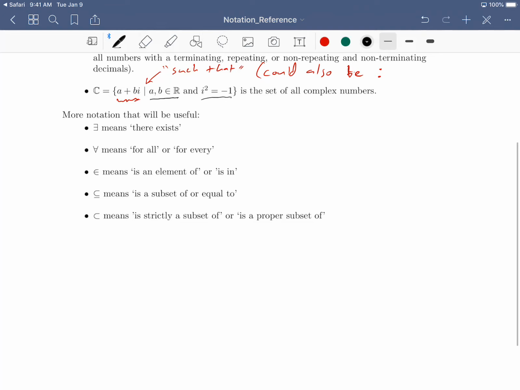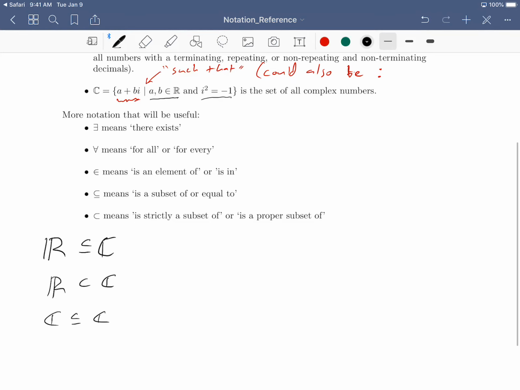So for example, I can write R is a subset of C. And because we know that there are numbers in the complex numbers that are not real, I could also write R is strictly a subset of C. The only difference is I cannot write C is strictly a subset of C because of that or equals.